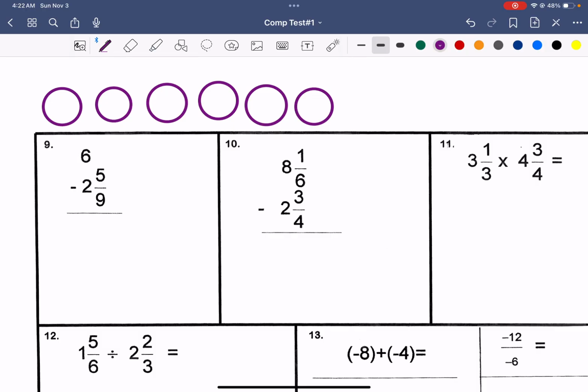It should start with 3. 1, 2, 3, 4, 5, 6. So think about it like this. I'm going to take 2 wholes, but from here, hopefully I can do this.